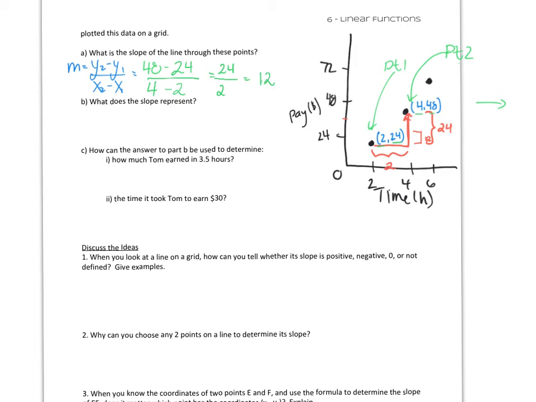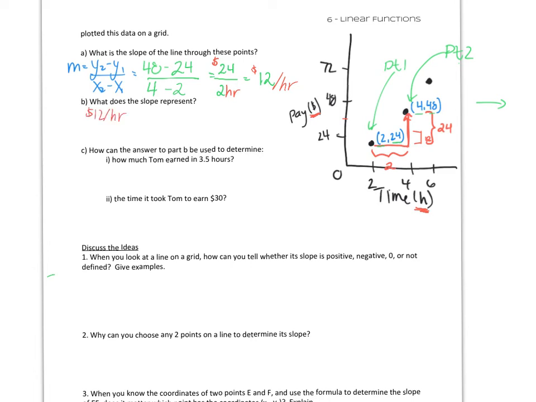What does the slope represent? Well, let's go back and put in units. So the change in y is representing dollars. X is representing hours. So when we divide our cash per hour, I get something like $12 per hour.